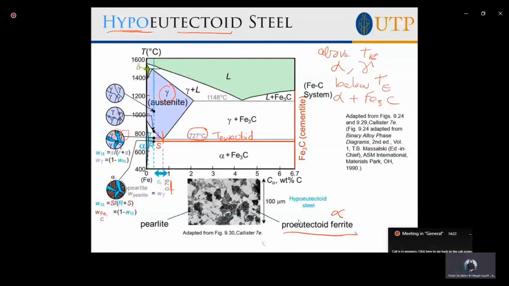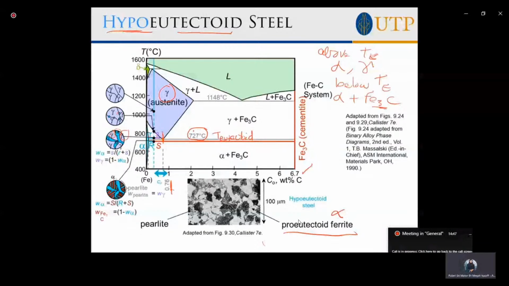Of course the tie line will have different values now, or be longer. This one is only short, and this one is very long. The composition of the cementite would be 6.7% carbon, and the composition of alpha will be towards the end here, which is about 0.02, a very small value.